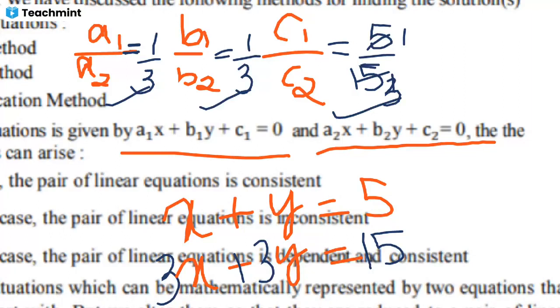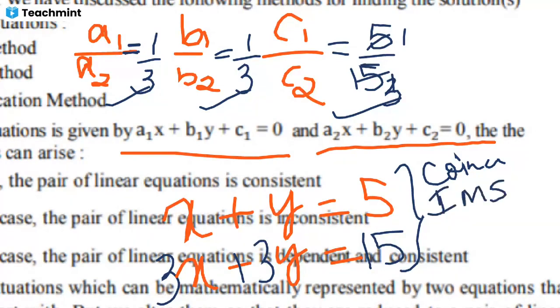So what type of lines are they? Coincident lines, and consistent. And what type of solutions do they have? Infinitely many solutions, and they are consistent. So these equations are consistent.